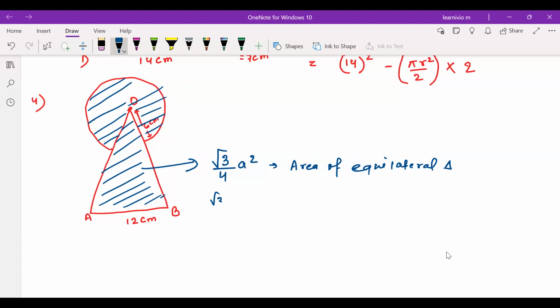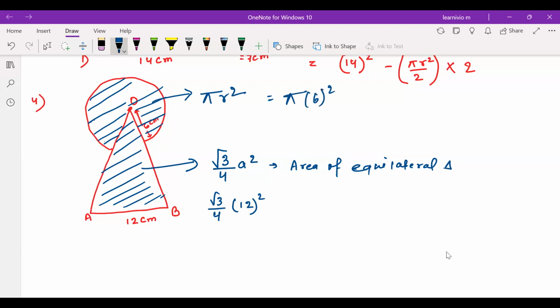Now we will also find the area of this circle. If we know the radius 6 centimeters, then we can easily find the area of the circle, that is pi r square, so pi 6 square.